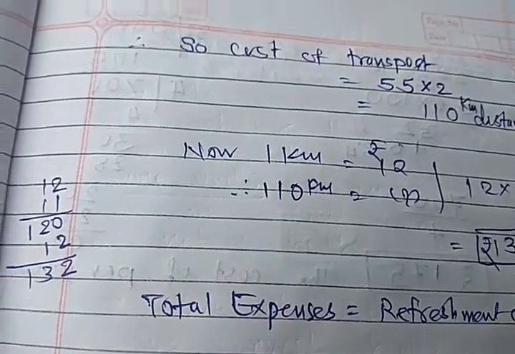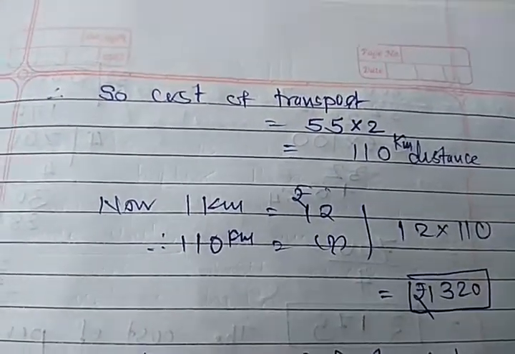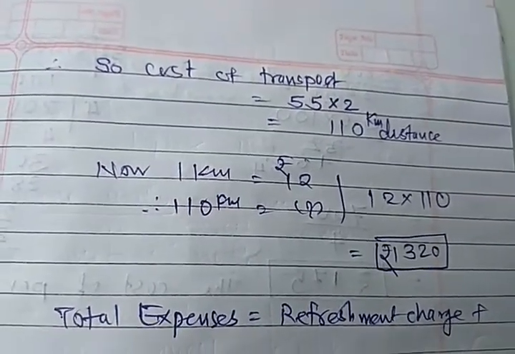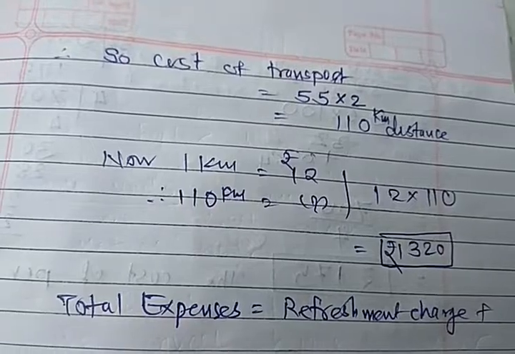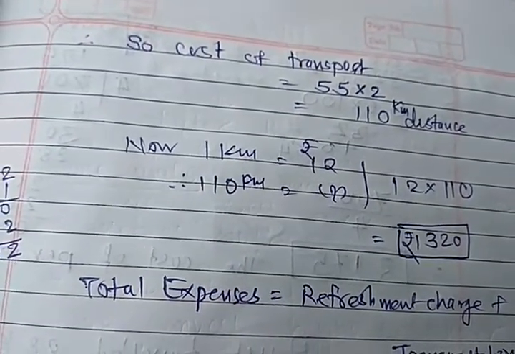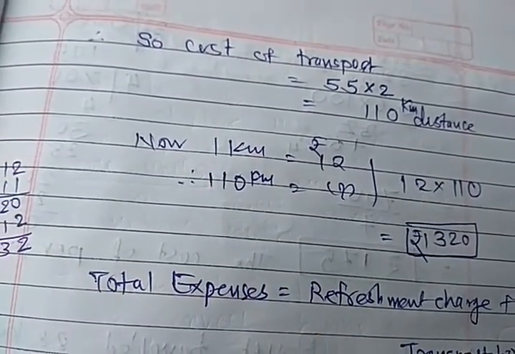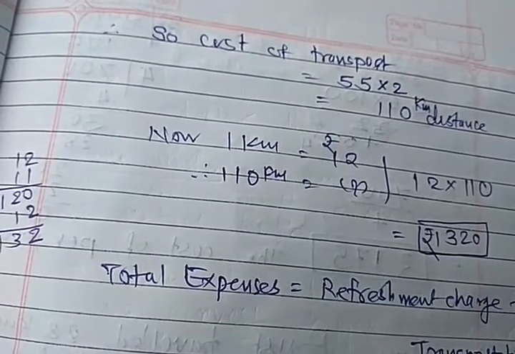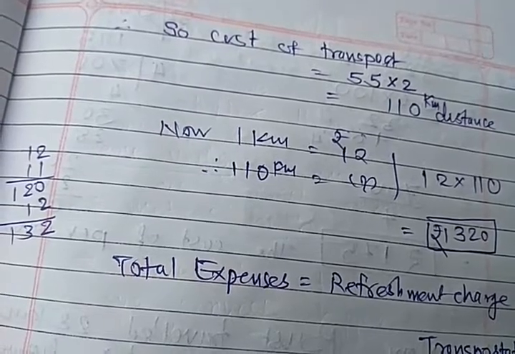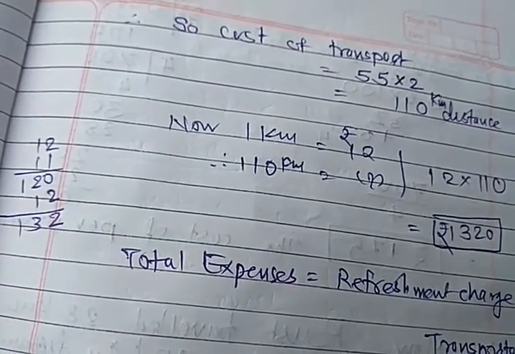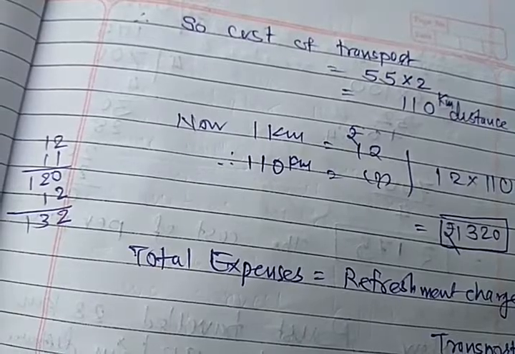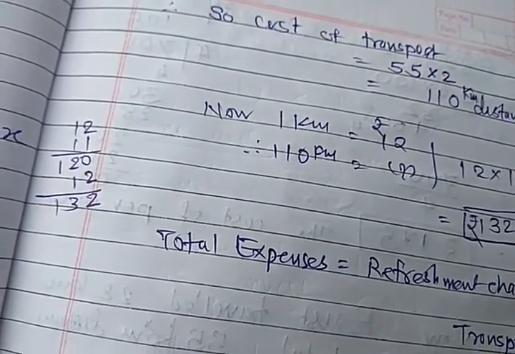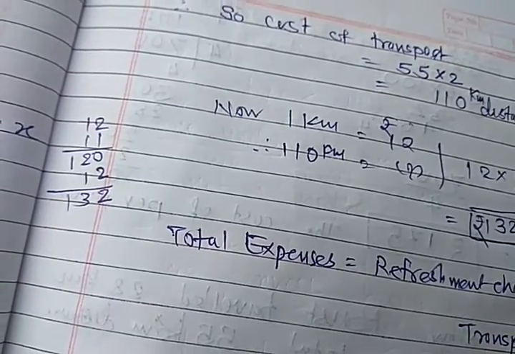So first of all we have to find out the total cost: the transporting cost, because in the third paragraph the picnic site is 55 km from the school and the transport company is charging 12 rupees per kilometer, and the total cost of refreshment, means snacks, is 4280. So our second question is we have to find out the per head cost.